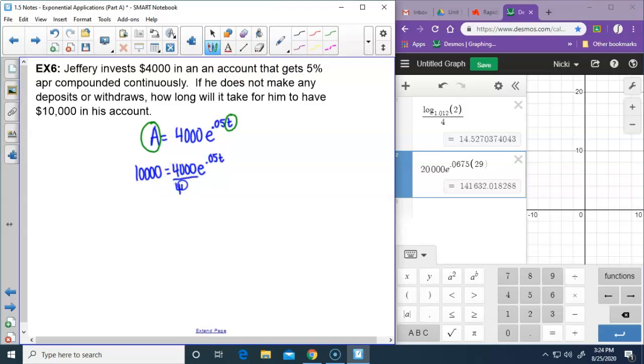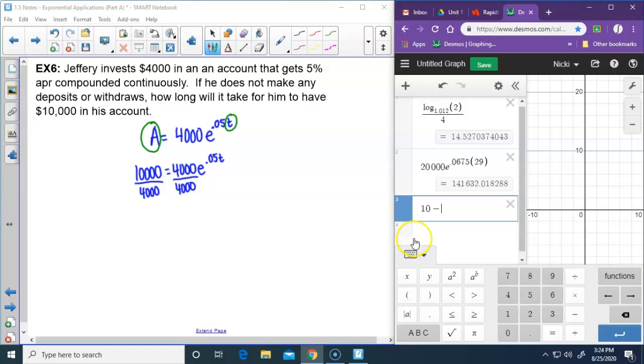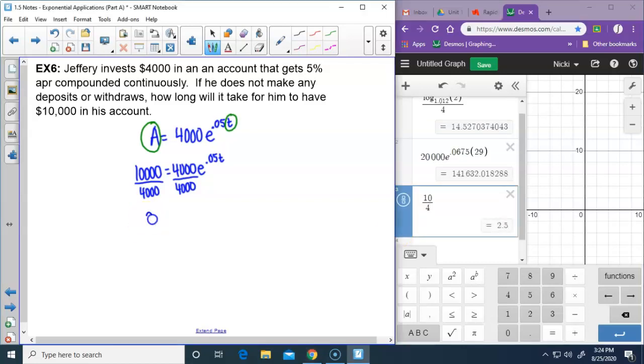So the first thing we would do is divide by 4,000. So 10,000 divided by 4,000 is going to be 10 divided by 4, which is going to give us 2.5, I believe. Yes, so we'll get 2.5 equals e to the 0.05 T. And what we've got to do here, the inverse of an e is a natural log.